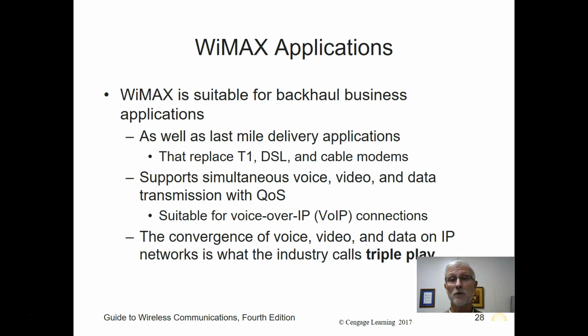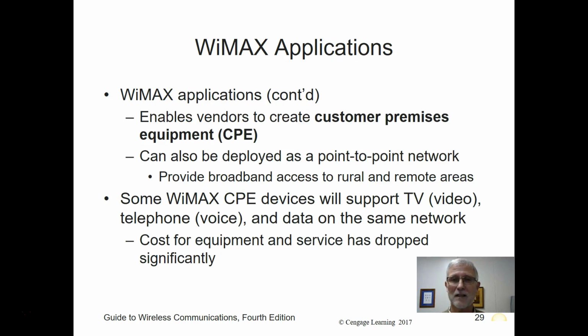It definitely supports simultaneous voice, video, and data, and is suitable for voice over IP. So it allows the convergence of voice, video, and data. It handles everything the internet service provider wants to sell you, right? You get that bundled package.